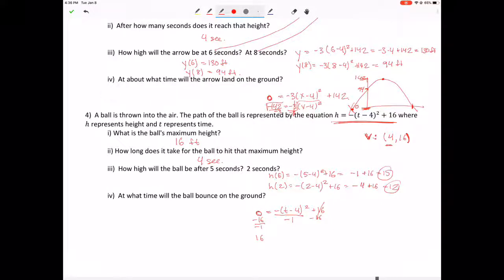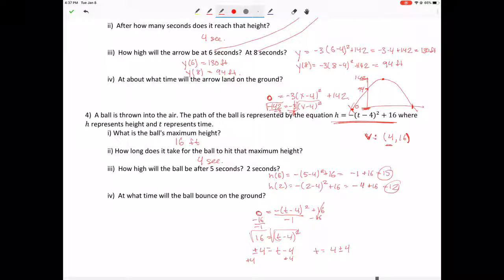Now we get 16 equals (t minus 4) squared. Now we'll square root both sides, which gives us plus or minus 4 equals t minus 4. Then we'd add 4 to both sides, so we end up getting t equals 4 plus or minus 4.